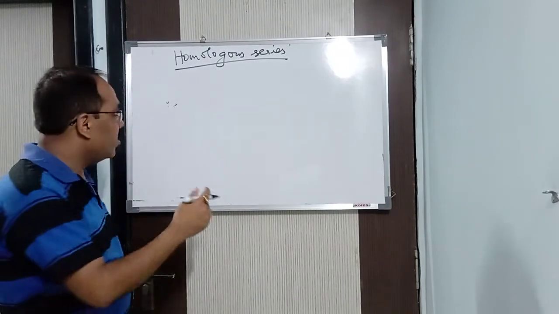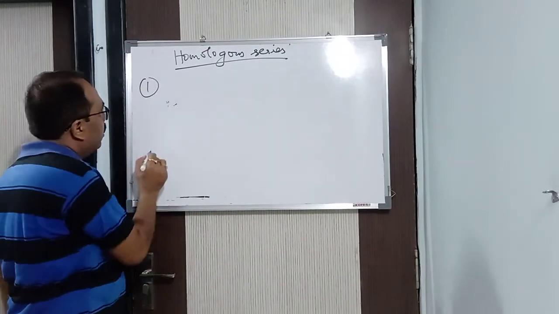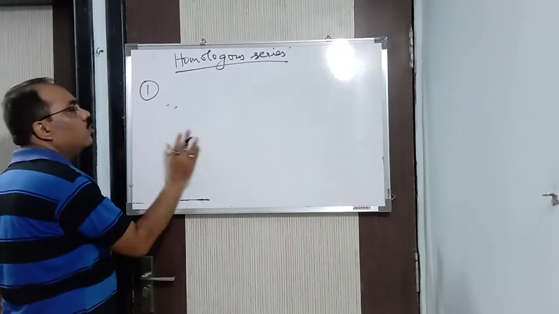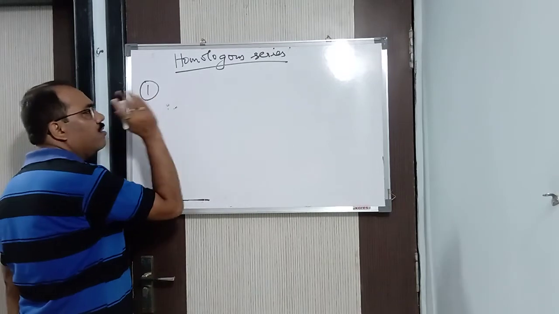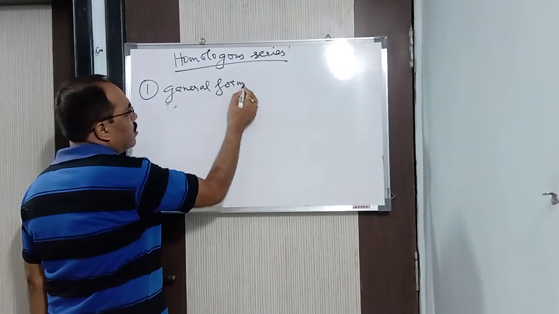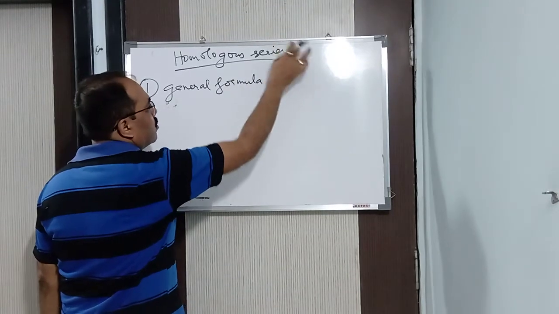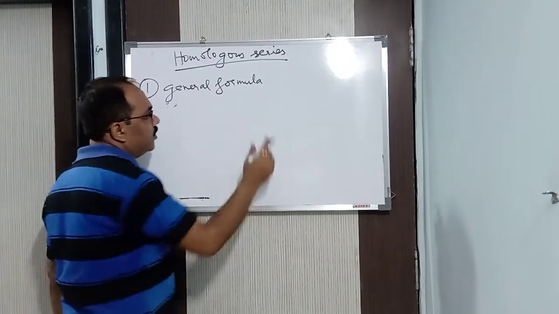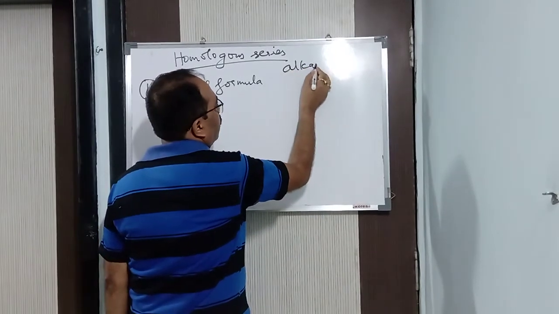The first point is that the compounds belonging to a homologous series have the same general formula. The general formula of the compounds is the same in a homologous series. How? For example, I am taking alkanes.